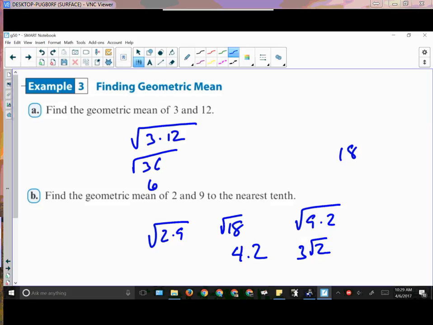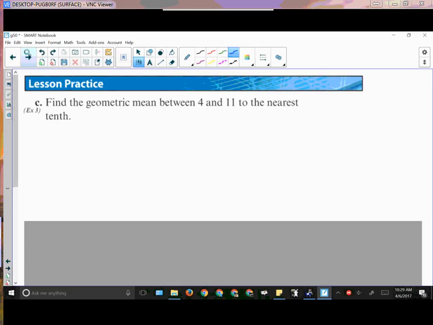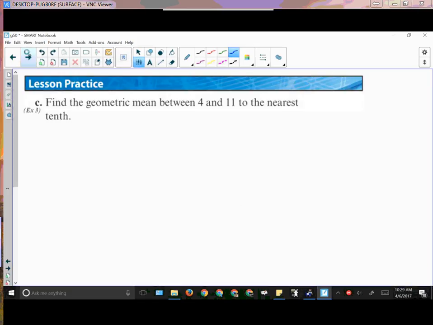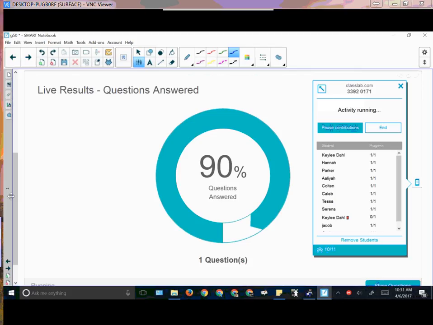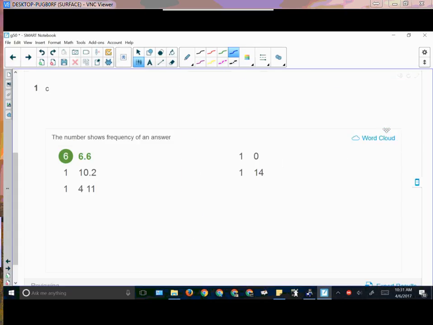So, what I want you to do here is, to the nearest tenth, find the geometric mean between 4 and 11. Give you a minute or so here to do that. All right, here we go. Let's see, we got 10.2, we got 6.6, 4, 11, 1, and 4.